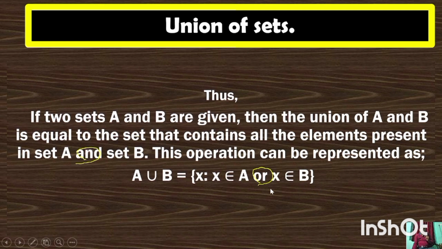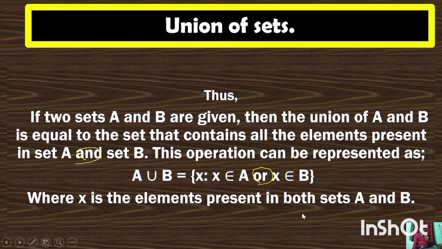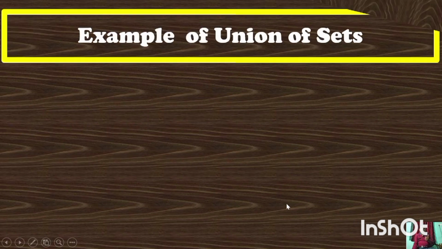Is it clear? The operator OR, for union, indicates that the element may be in the set A or in the set B or maybe both sets. Right? So here x is an element present in both sets A and B, or either in the set A or in the set B. Is it clear?